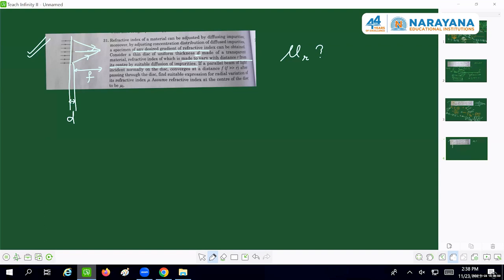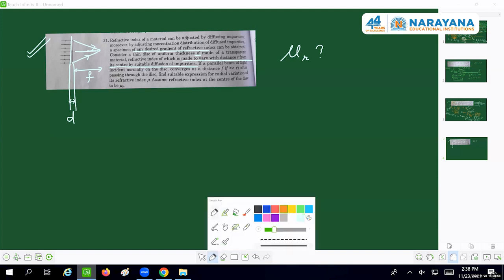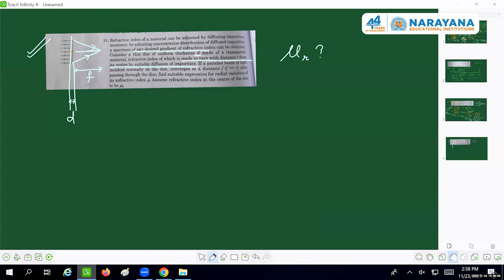So basically, the time taken by a particle which was here to reach this point, and any general particle, maybe a general particle here.